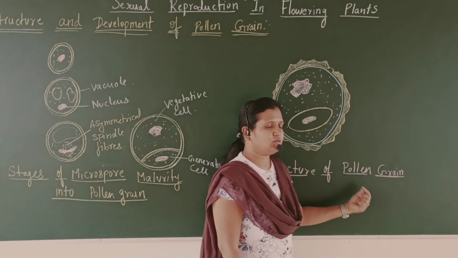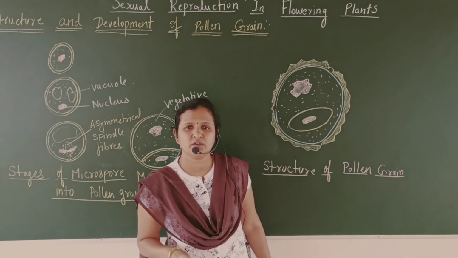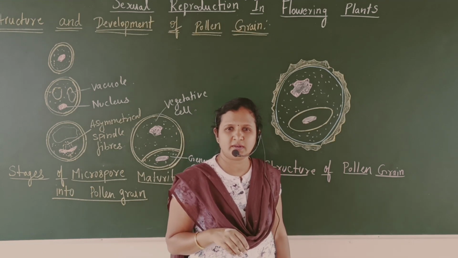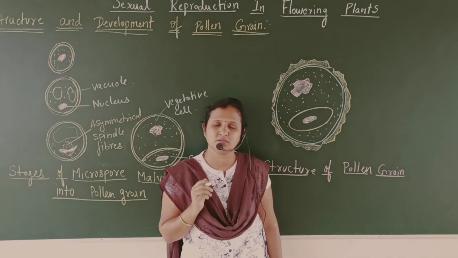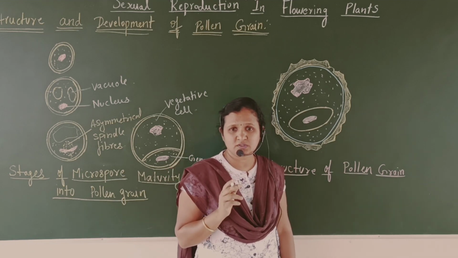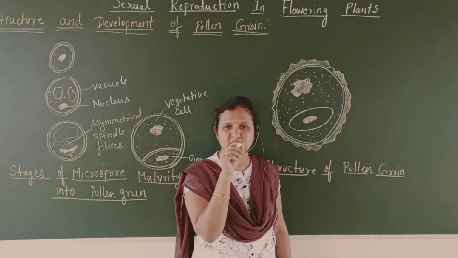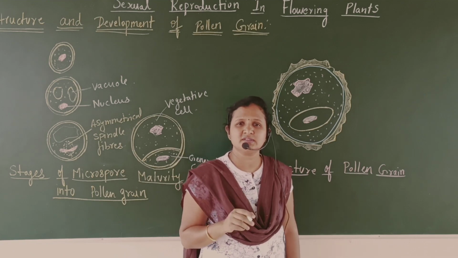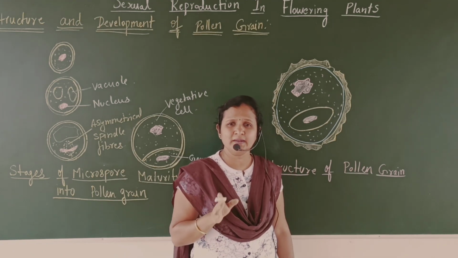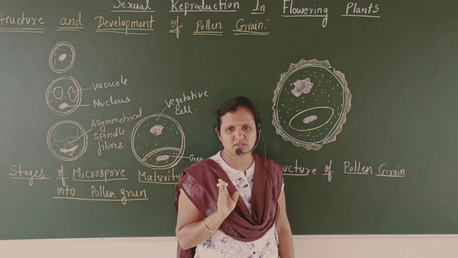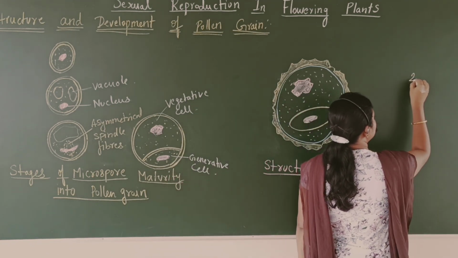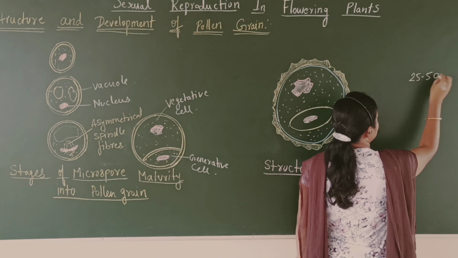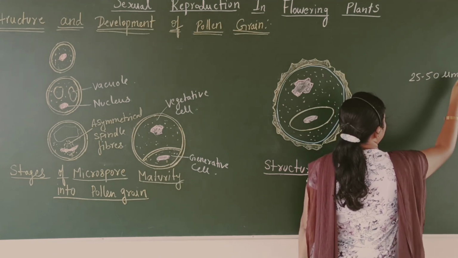The pollen grain will be released from the anther. I know all of you have observed the pollen grain. A very good example is the hibiscus flower. The yellow substance present near the anther is the pollen grain. Generally pollen grains are small, measured in 25 to 50 microns or micrometers.